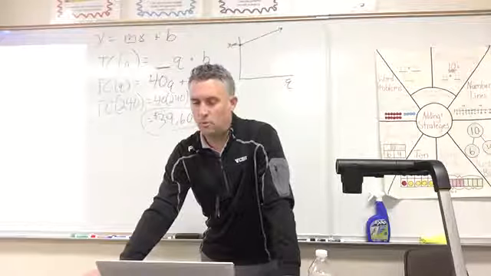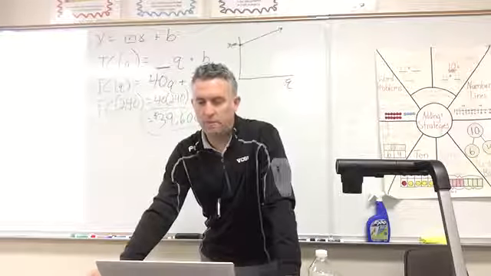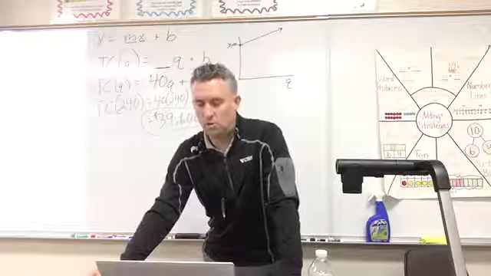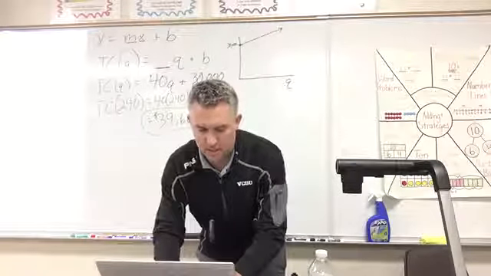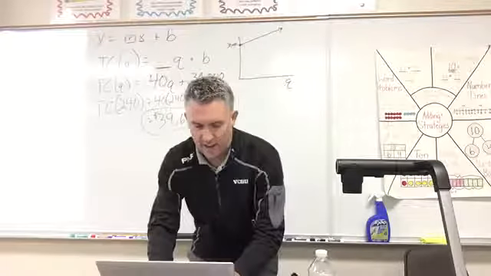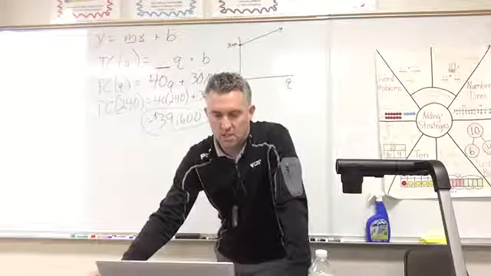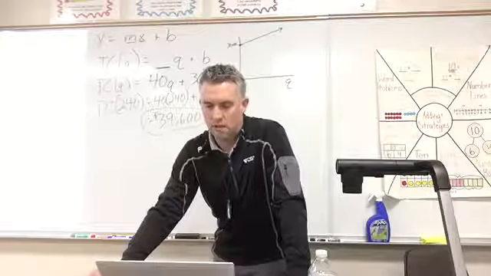Every single time we use GeoGebra, we need to use our independent variable as X. So we have to change our Q into X. So here I would go $30,000 plus 40X, not Q. And notice it gives us F of X, not TC of Q. You're just going to have to understand that.